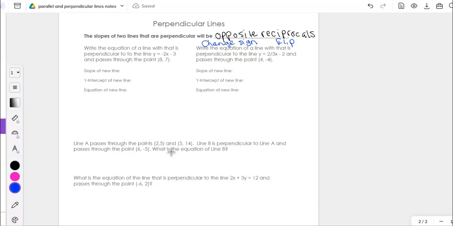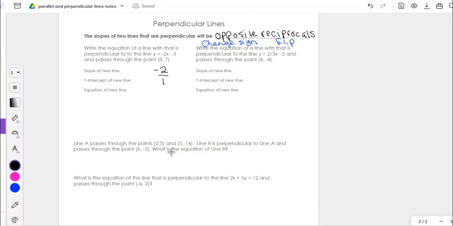So our examples: write the equation of a line that is perpendicular to the line y = -2x - 3 and passes through the point (8, 7). My original slope is -2. Remember, if I want to make that into a fraction, I would just put it over a 1.